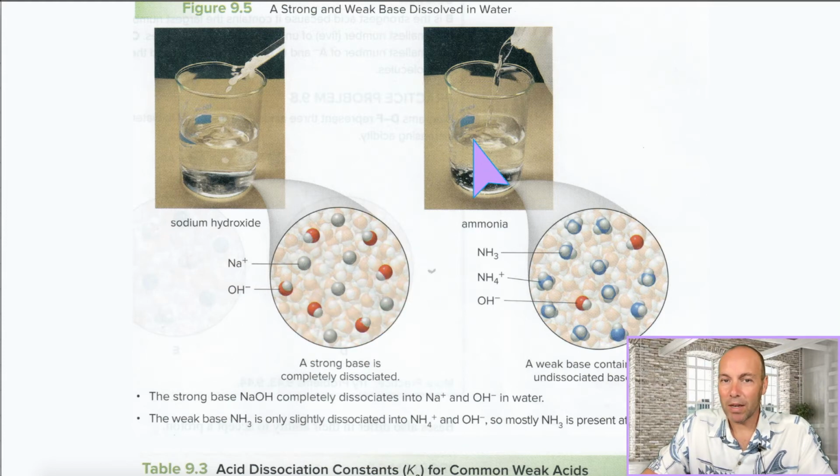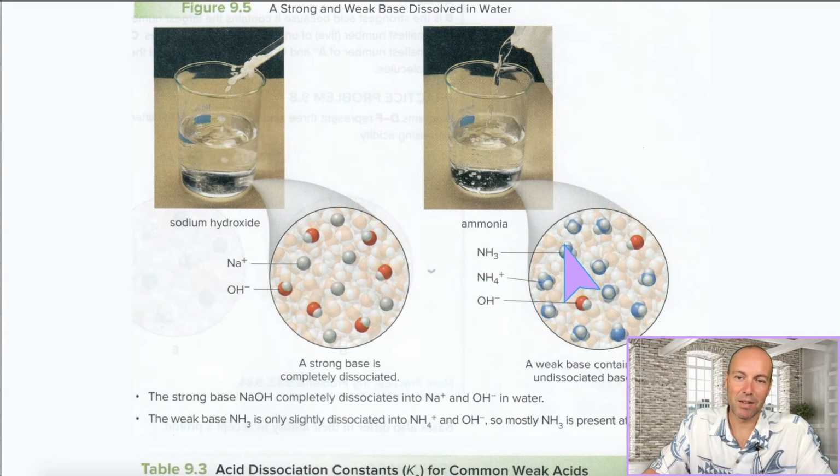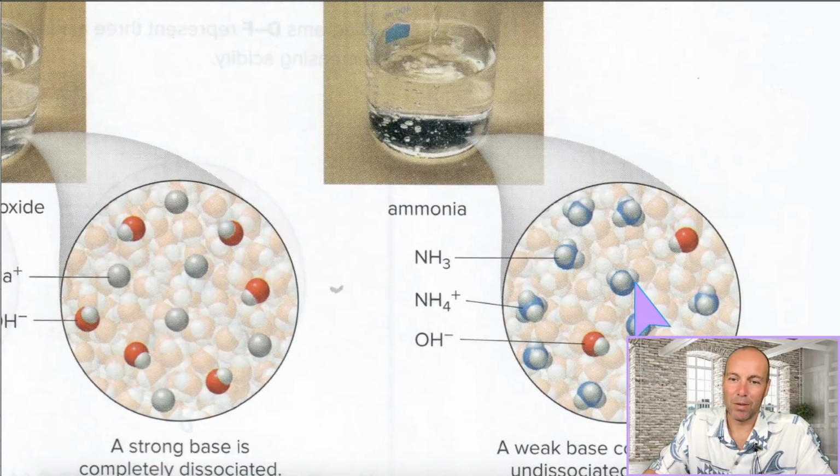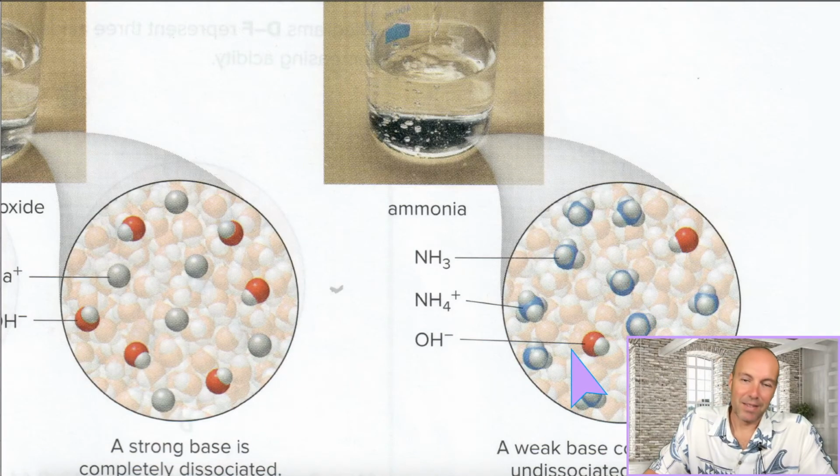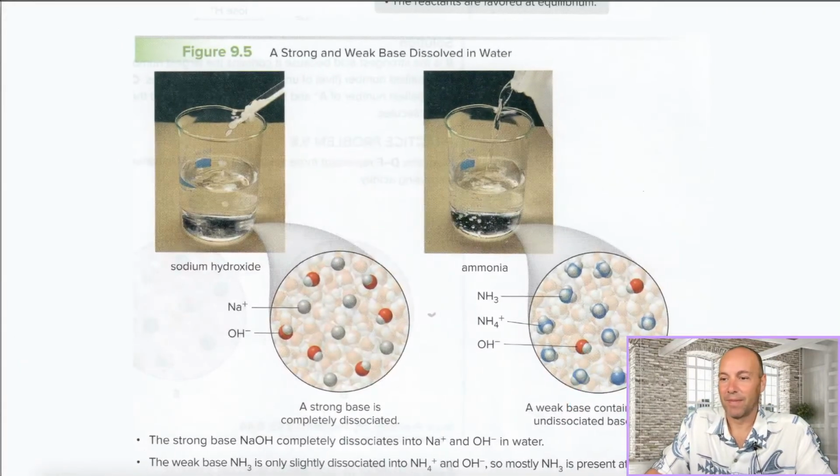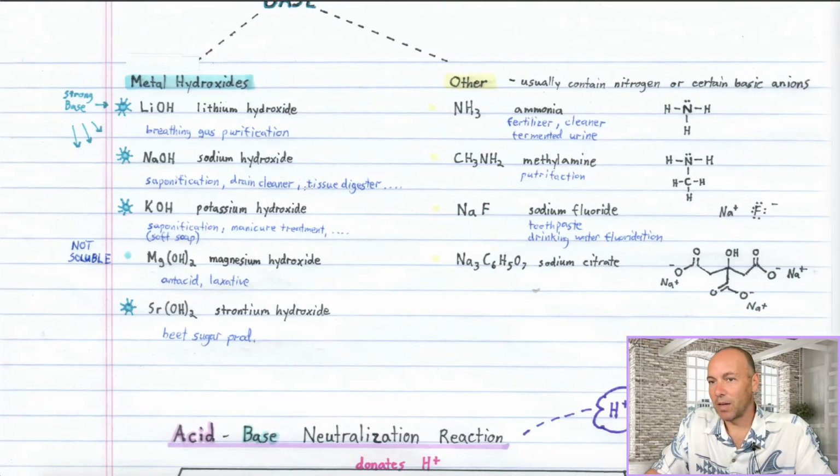But if you have ammonia in water, you'll have some of the ammonia ionized into NH4 plus and OH minus, but the vast majority of the ammonia is simply as dissolved NH3 molecules. Maybe 1 out of every 100 of the NH3 molecules will ionize.